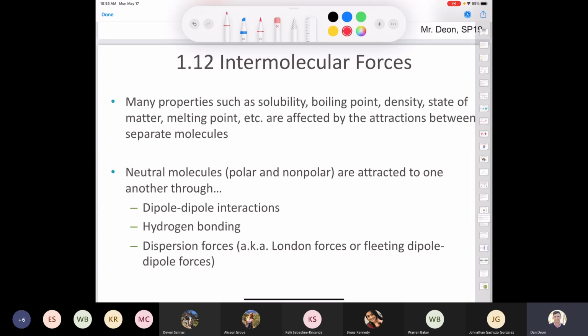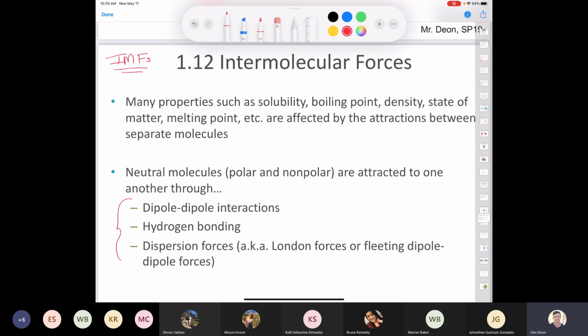Because intermolecular forces come up in virtually all chemistry classes. Whether I'm teaching this class, general chemistry, analytical chemistry, biochemistry, it doesn't matter. Intermolecular forces always come up. So I shorten this to IMFs, intermolecular forces. If you studied intermolecular forces in general chemistry, and you all should have, you would have learned other intermolecular forces besides the 3 that are listed here, like ion-dipole and ion-induced dipole, which we're not going to worry about.